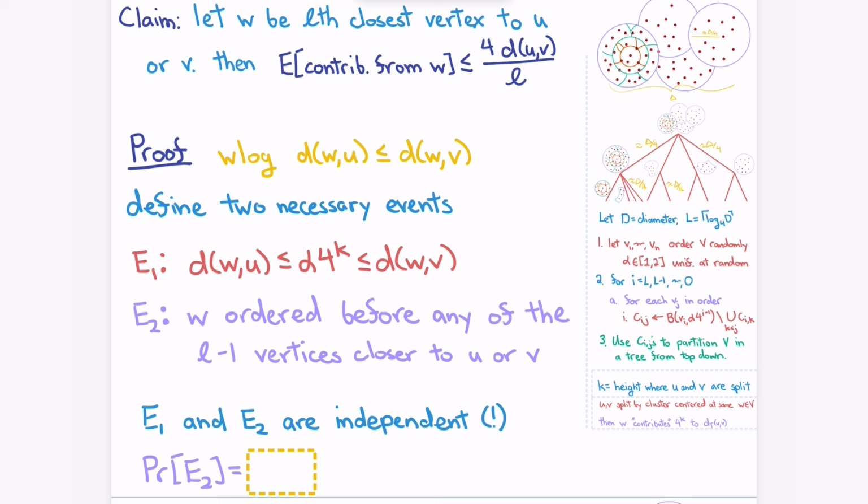This is really great, because it's a complicated thing, so to be able to separate it out is rare. So that means I can look at E2 by itself, and that's 1 over L. So we just have to worry about event 1 happening.